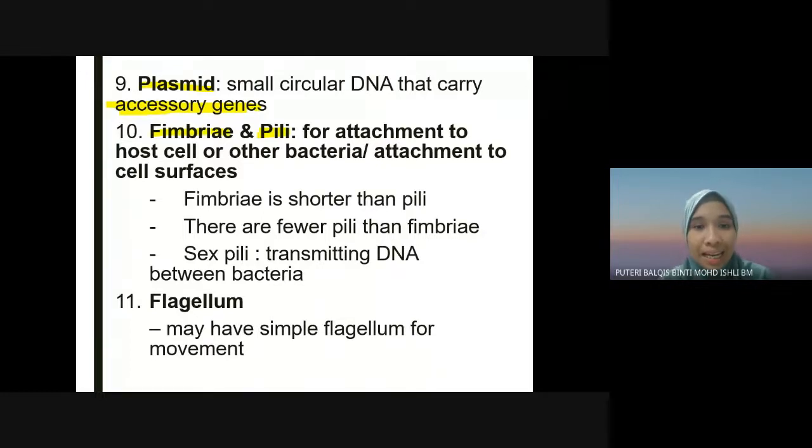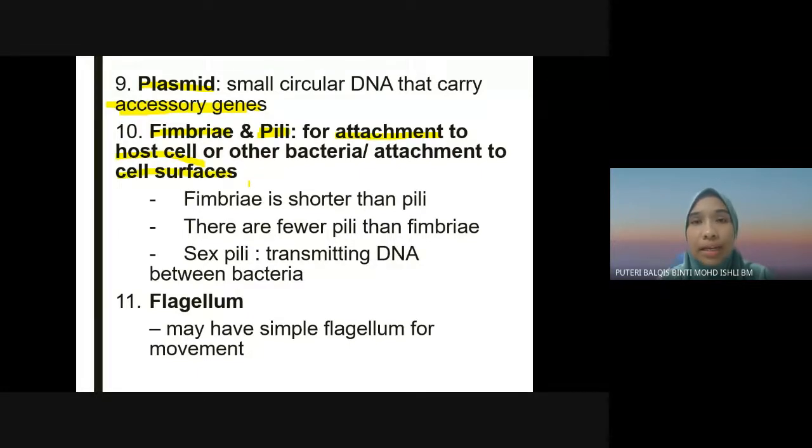So the pili yang macam rambut-rambut kecil keliling dia tadi, so that pili is for attachment to host cell or for other bacteria, and also attachment to cell surface.